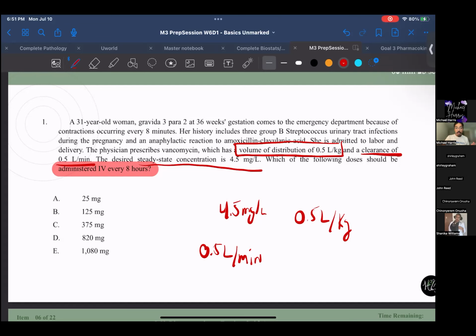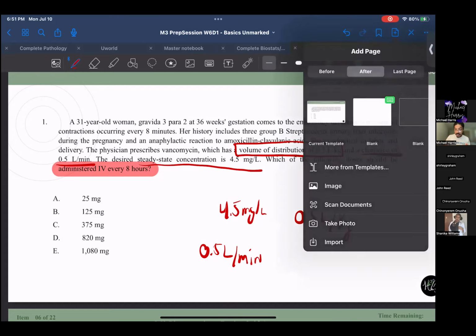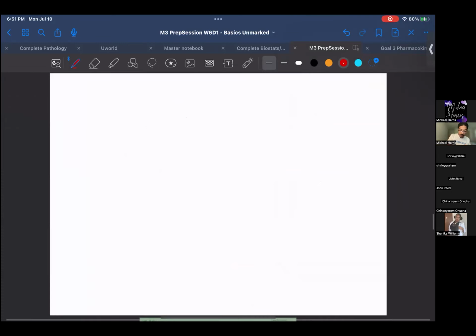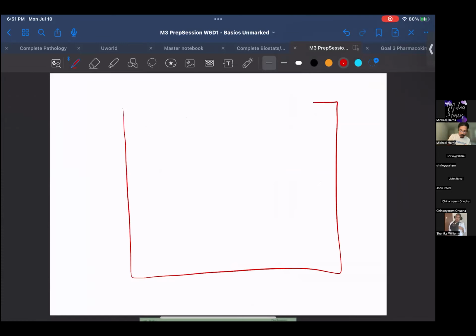So let's say this again. If you're giving the drug multiple times, does it matter how big of a volume you have?